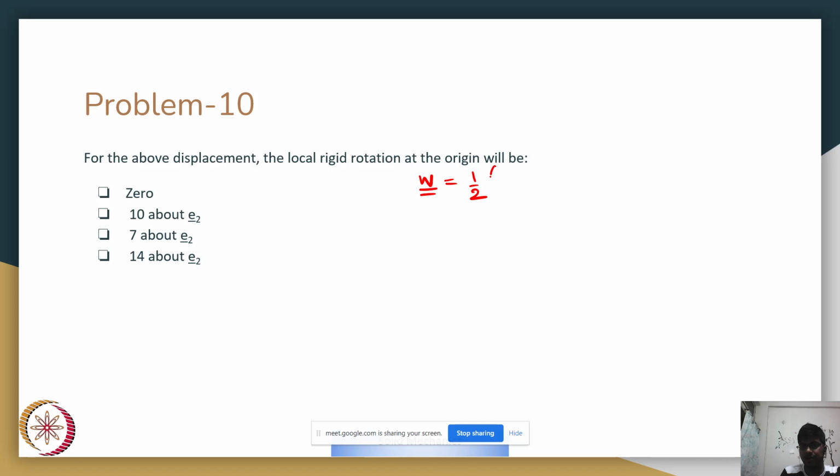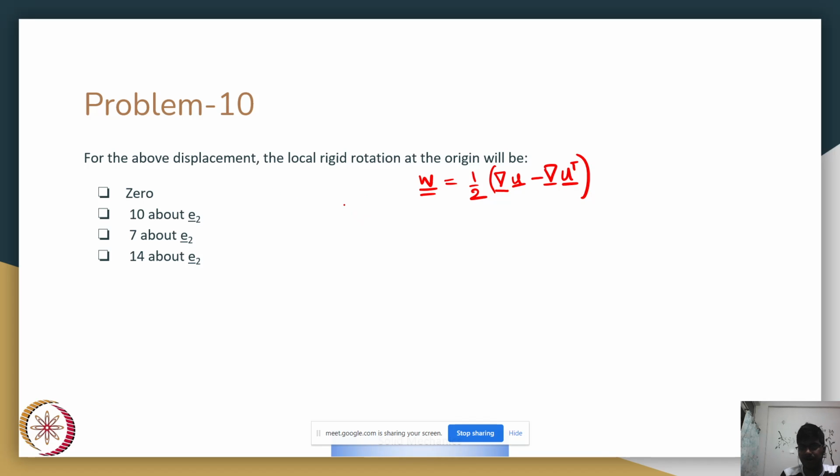Along with the shear strain, there will be some rotation, which is the same for all the elemental lines at the point. They all rotate with the same angle and about the same axis. In terms of displacement u, we can write local rotation as half of grad u minus grad u transpose, correct?